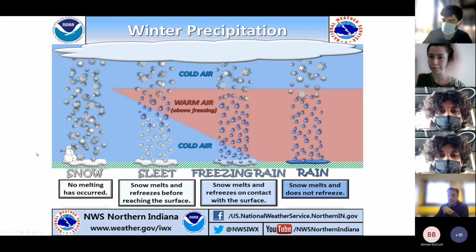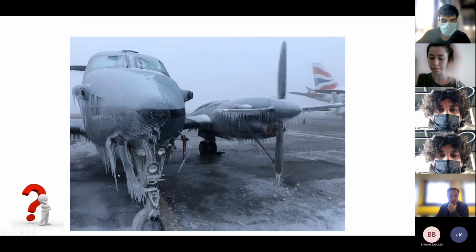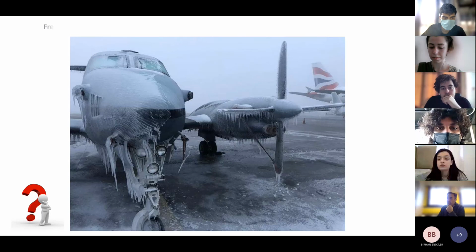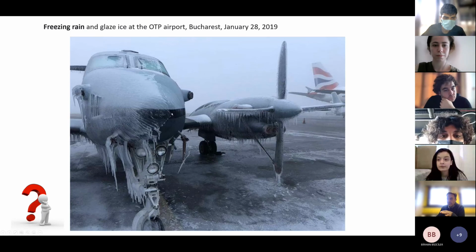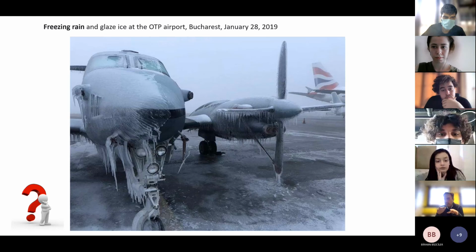So with these definitions, what kind of precipitation did we have here? The answer is given: freezing rain. You see, the temperature of the body of this airplane and the temperature of the ground is less than 0.